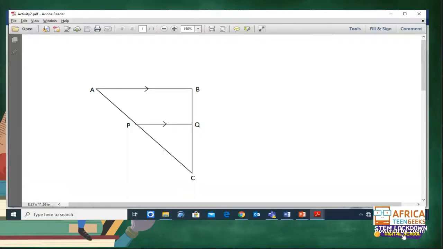Now consider this triangle ABC. There's a line that is cutting the triangle, the line PQ, and that line is parallel to AB.